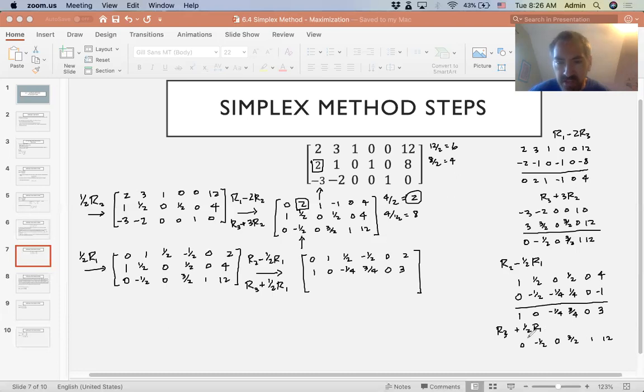And then 1/2 times R1 is 0, positive 1/2, 1/4, negative 1/4, 0, and 1. So we get 0, 0, 1/4, 3/2 minus 1/4, that is 5/4, 1 and 13.